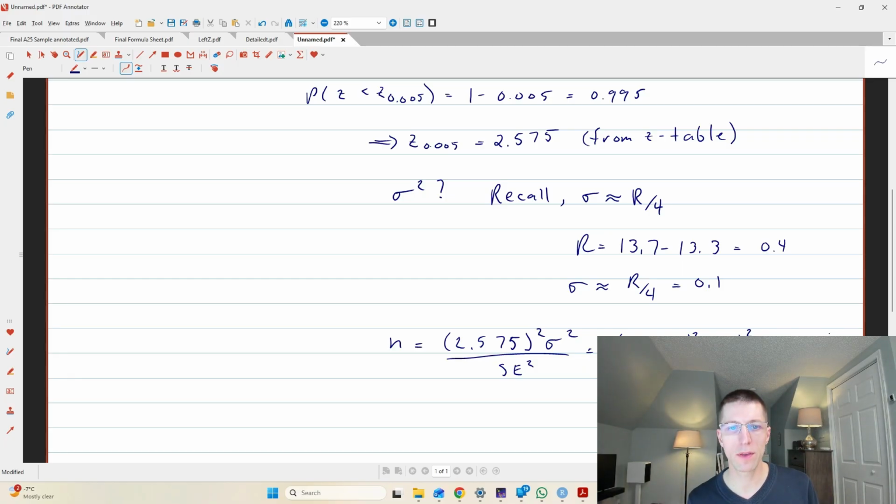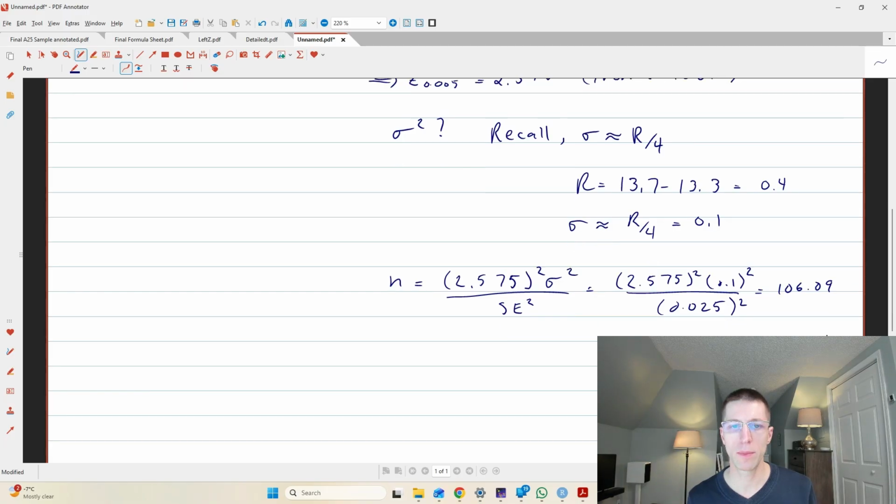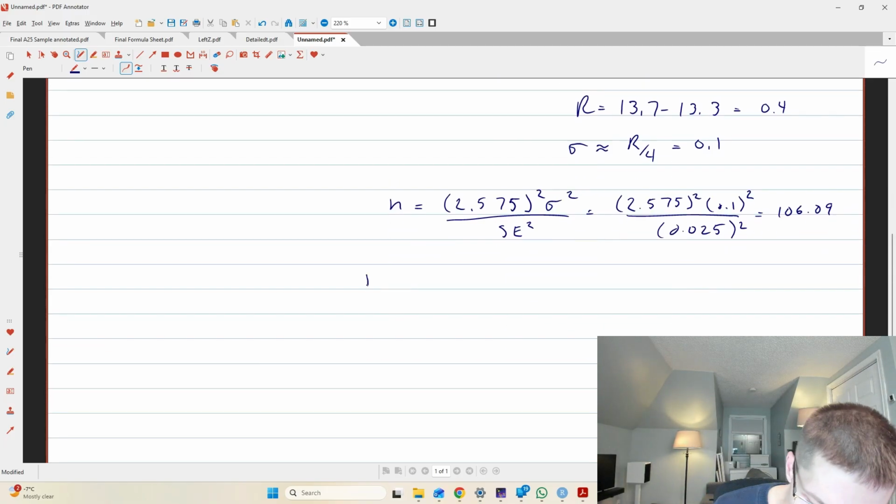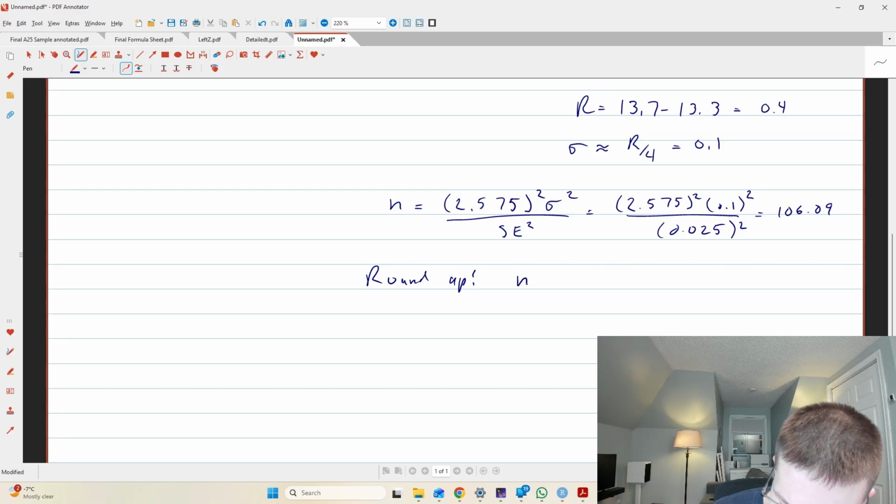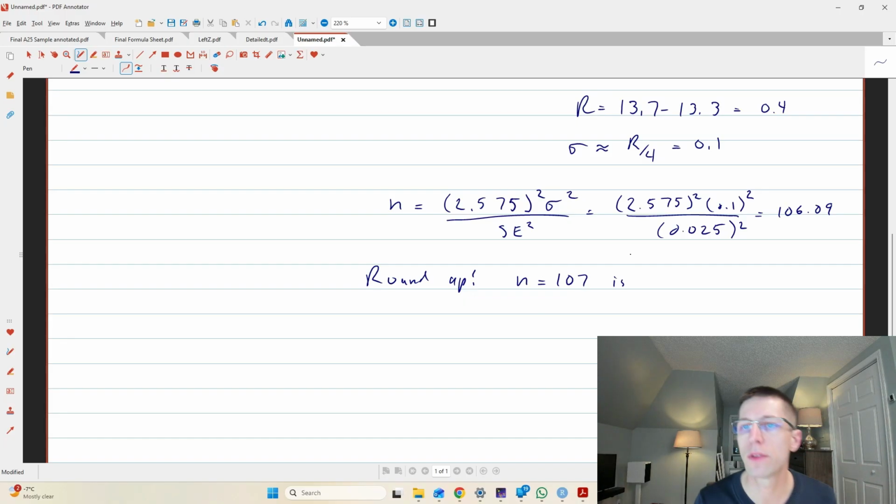So for sample size, to ensure a certain sampling error, you always round up. So we get n equals 107 is the sample size you need.